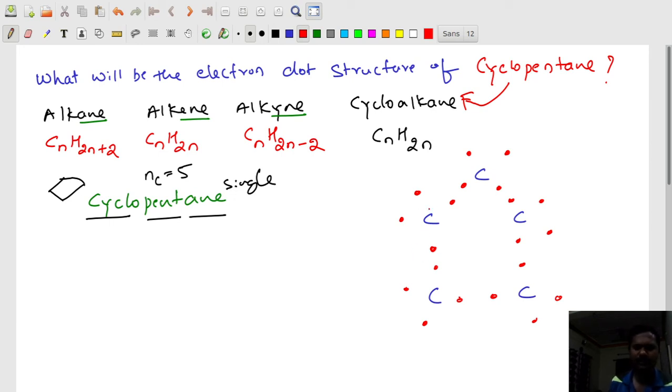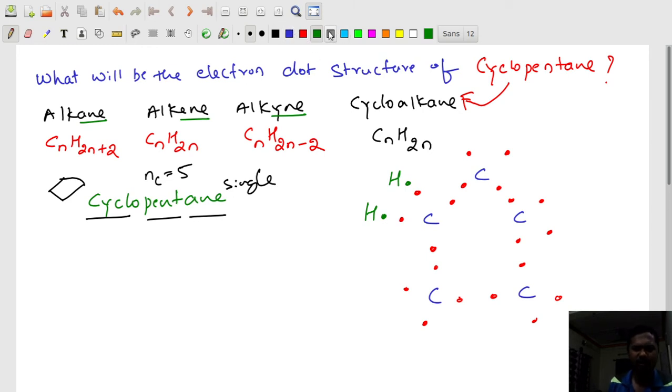Now this carbon will form bonds with 2 hydrogen atoms. These two electrons will form bonds with 2 hydrogen atoms. Let me draw hydrogen here, and we know that hydrogen has 1 valence electron. The same pattern will follow for the remaining 4 carbon atoms.